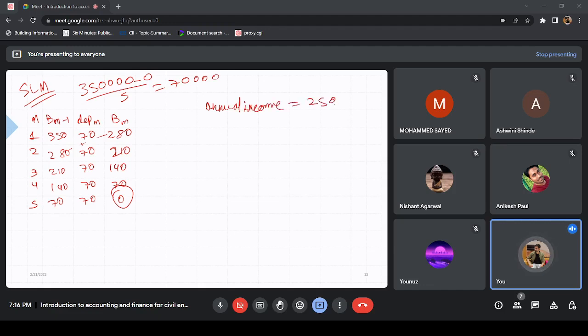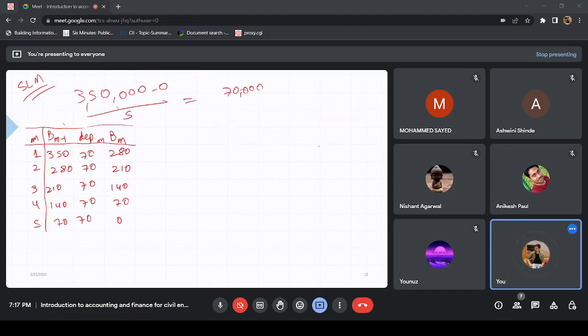It is given to us, right? 2,50,000. And depreciation, here I would write it in bold. Depreciation expense is 70,000. So that brings our net taxable income as how much? 1,80,000.